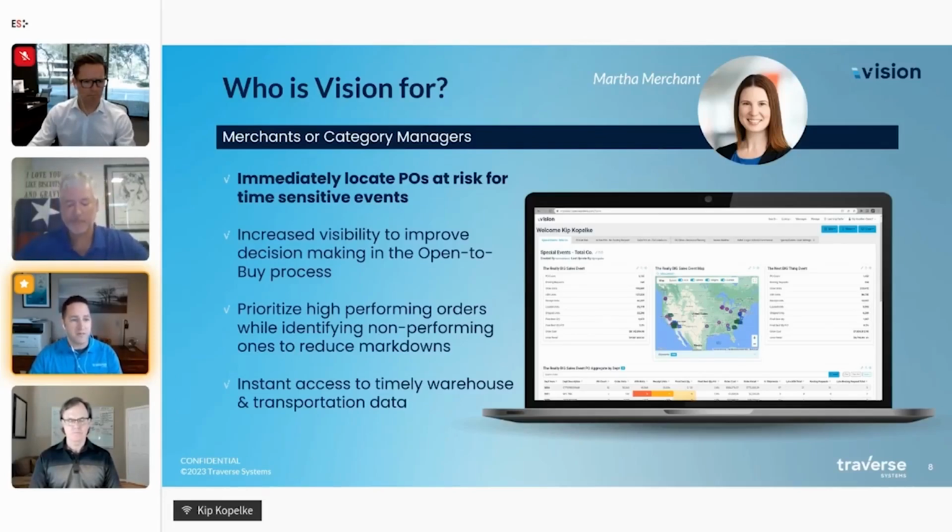Everybody's got their top 10 or best selling products. In my past life, every week we were going through a bestseller, worst seller report, trying to figure out what we were doing for bestsellers to get more of it in front of our customers, and for things that were underperforming, how do we have an exit strategy to get out of some of that. So this tool will really help further upstream as you're identifying those bestsellers and worst sellers, and being able to make some of those really informed decisions.